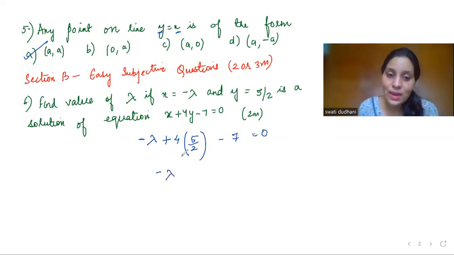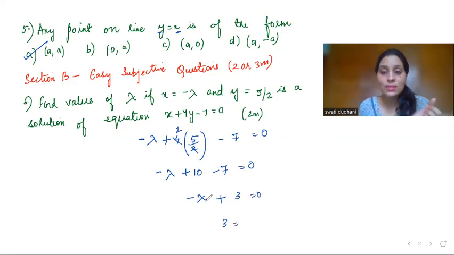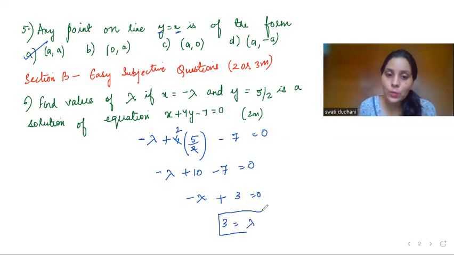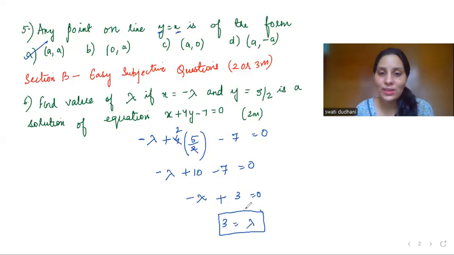So minus lambda, I can reduce this to 1s to 2s, 4 plus 10 minus 7 equal to 0. Minus lambda plus 3 equal to 0. So 3 equal to minus lambda, when I transpose it becomes plus lambda. So lambda equal to 3. It was very easy. It was just substituting.